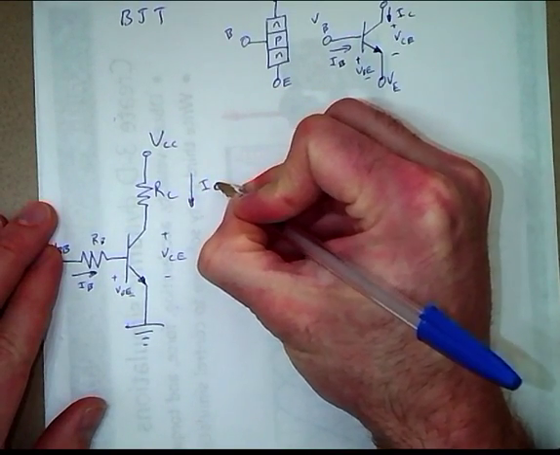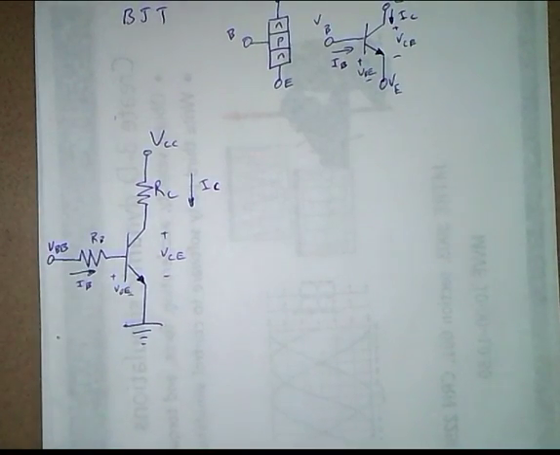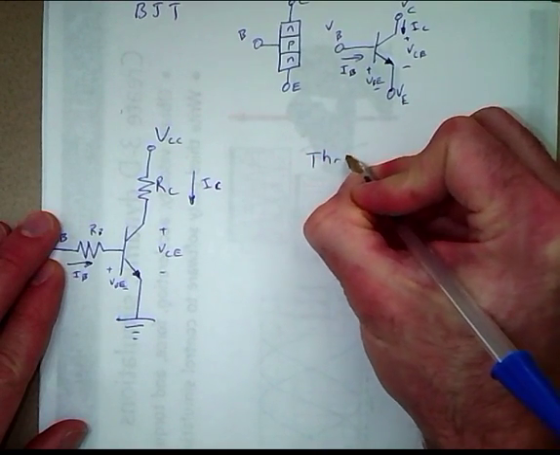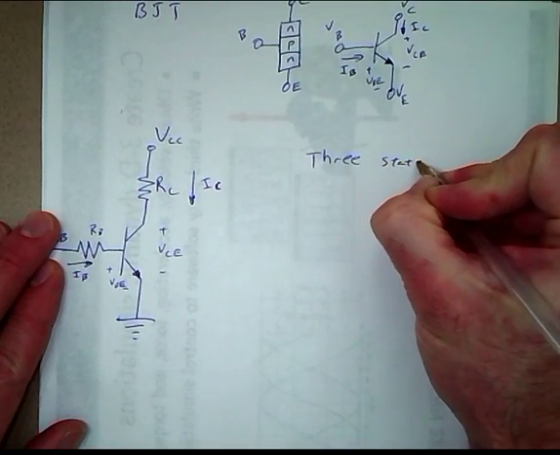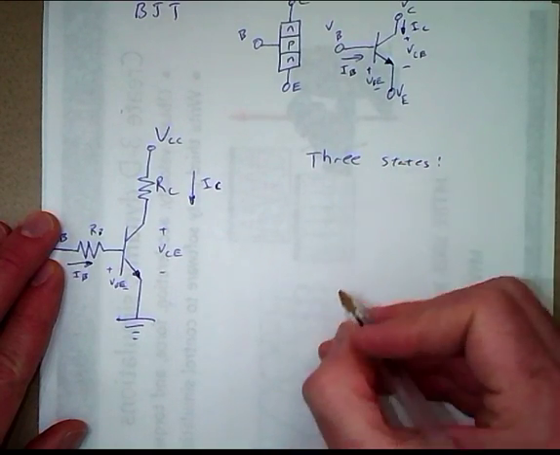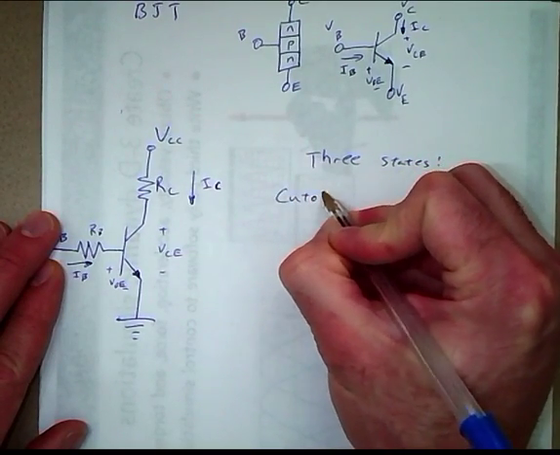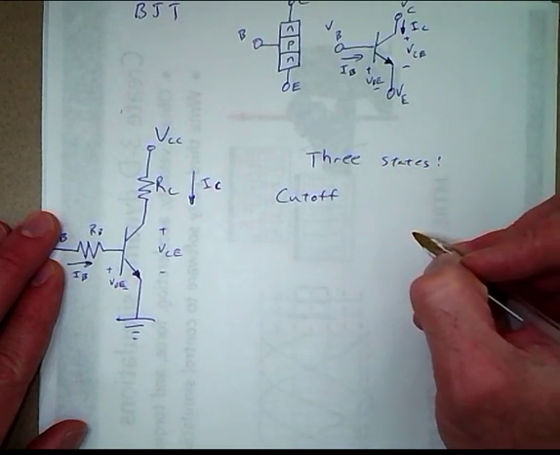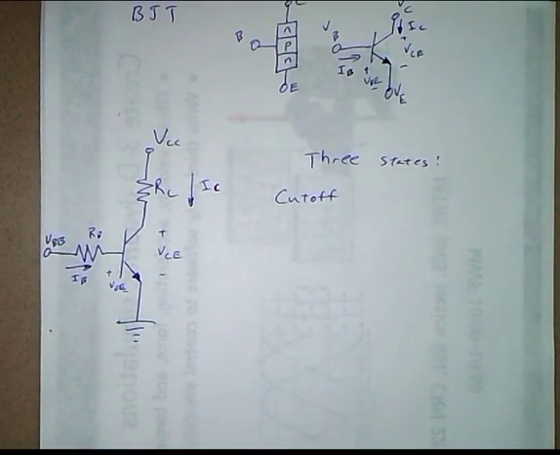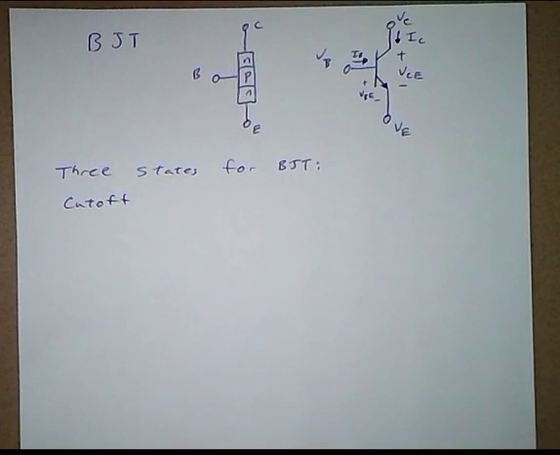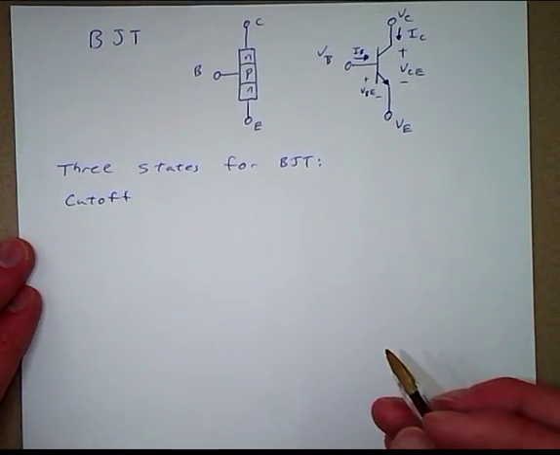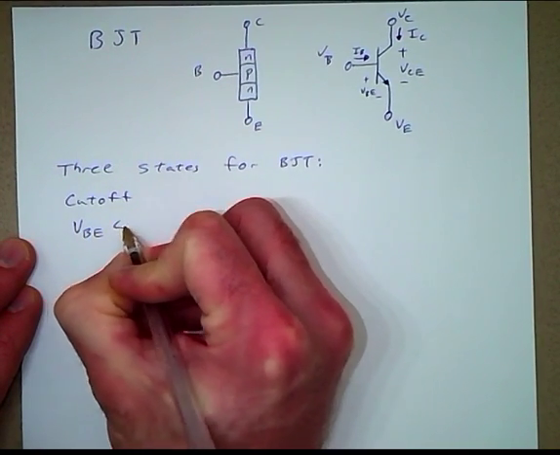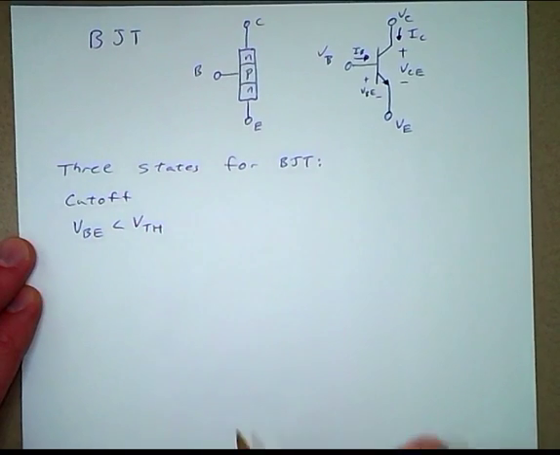This BJT transistor has three states. We have cutoff, and in the cutoff state, the voltage VBE is less than a threshold voltage, V threshold.